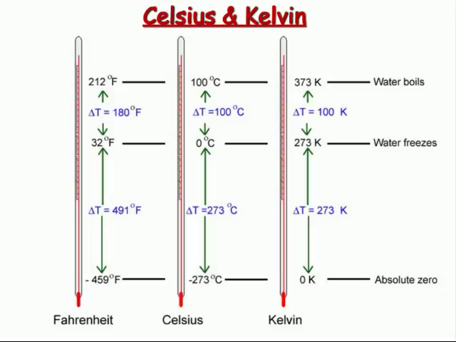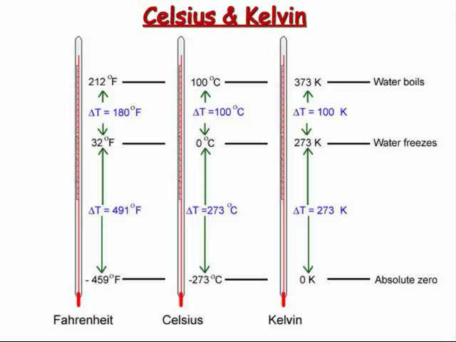Now, their starting and end points were a little bit different. For example, Fahrenheit made the freezing point of water 32 degrees Fahrenheit. He made the boiling point of water 212 degrees, whereas Celsius made his scale so that the boiling and freezing point of water are 100 degrees apart.